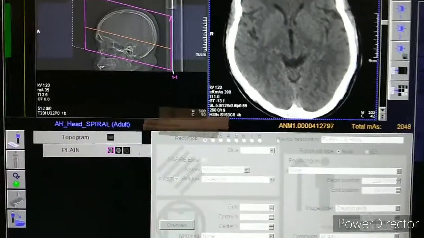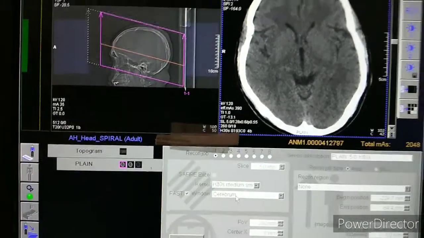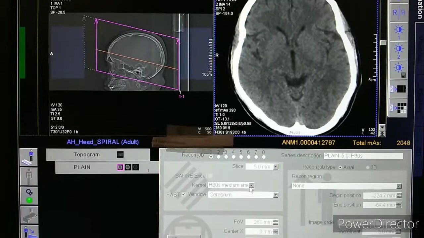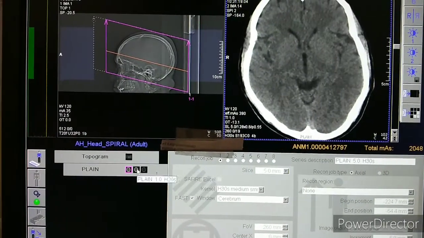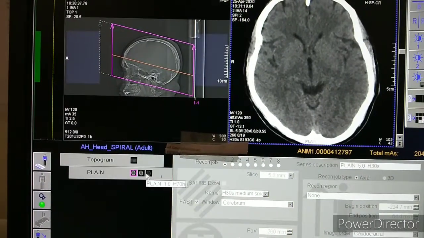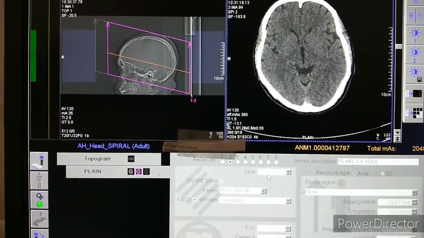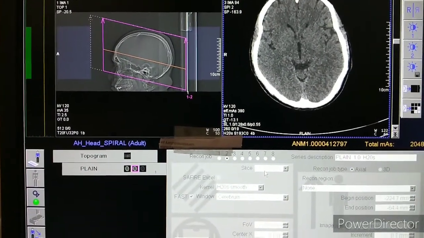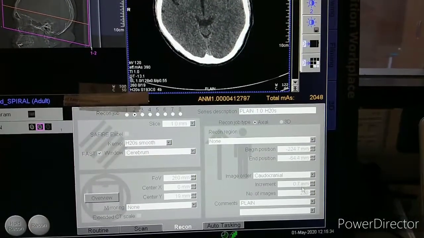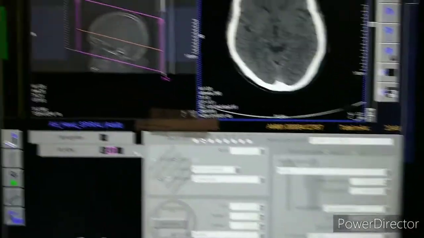So this window is called the cerebrum window or soft tissue window. This is 5 mm slice. Next is 1 mm slice. These are thin slices. You can see here 1 mm slice, and the gap is 0.7 mm.